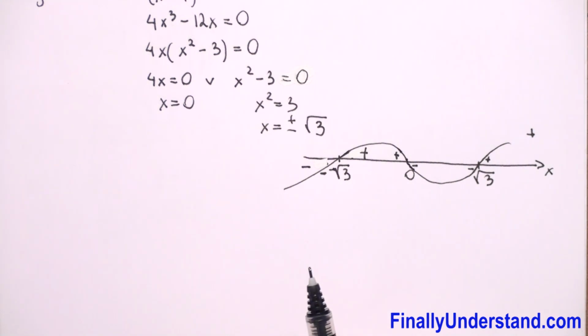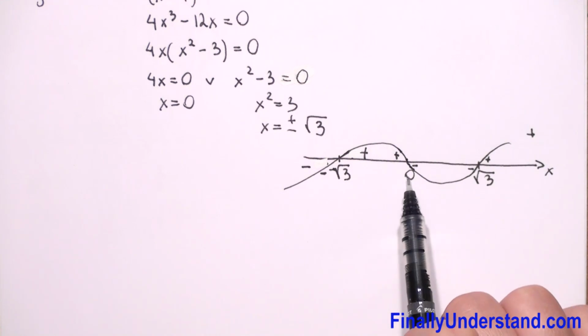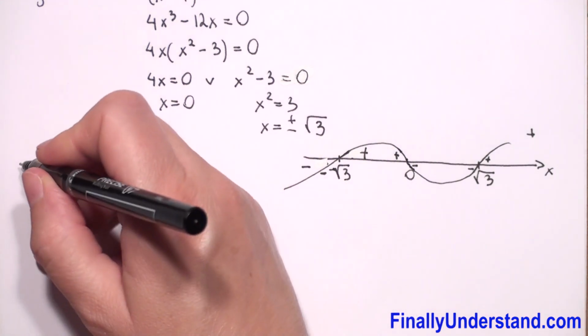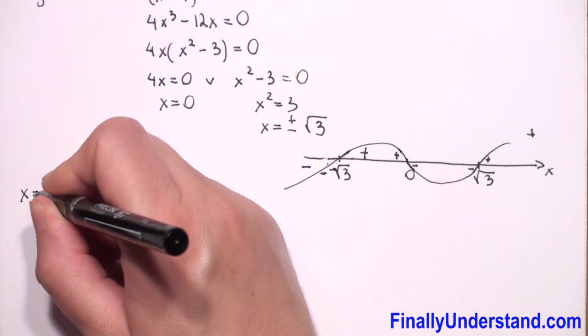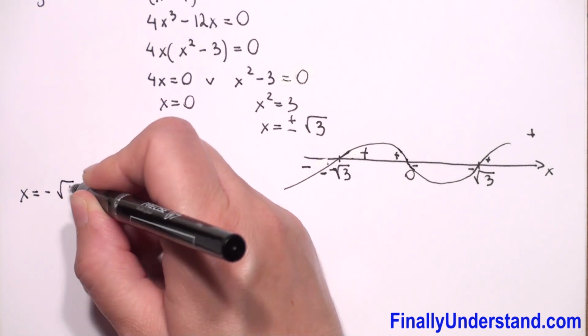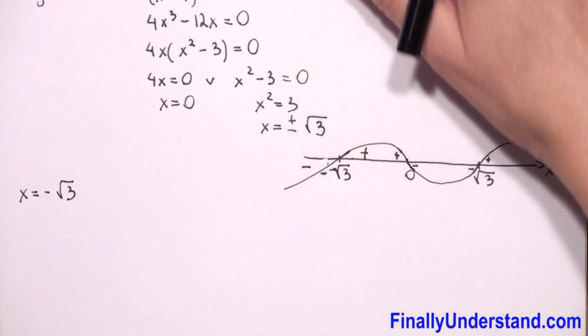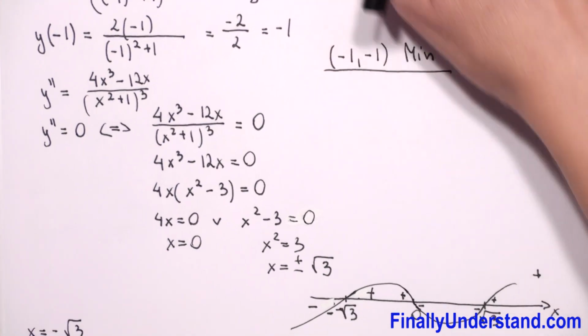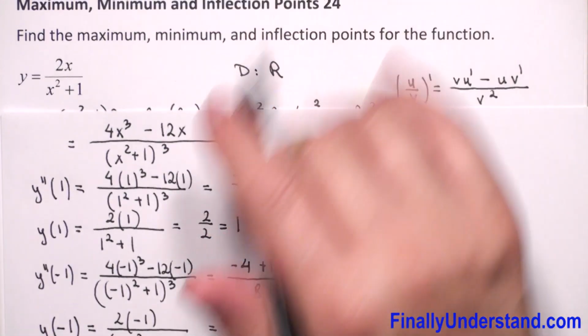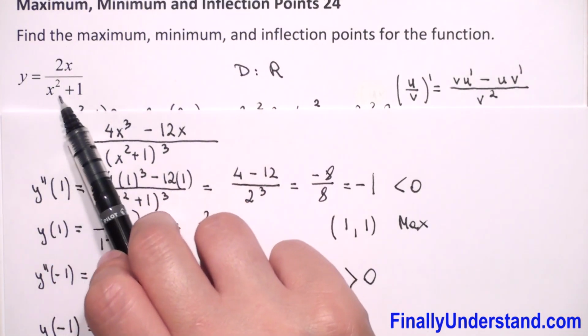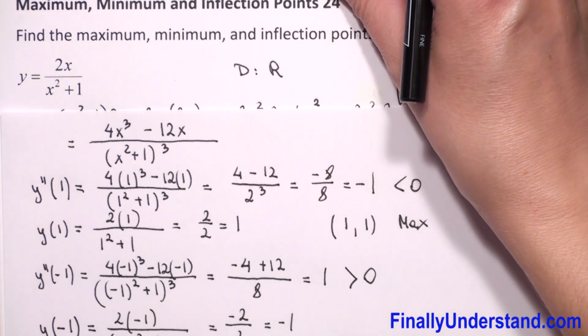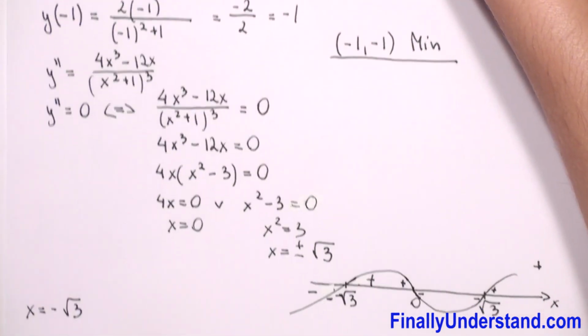To find the second coordinate, we have to calculate value for our function for these 3 x values. So first, for x equals negative square root of 3, we have to replace in our formula y function x's by negative square root of 3.